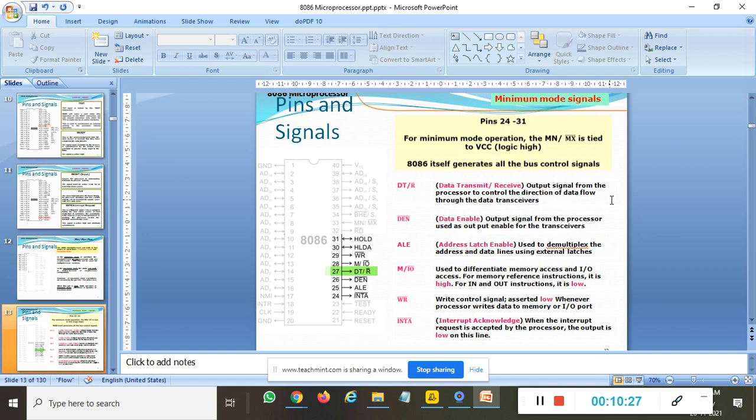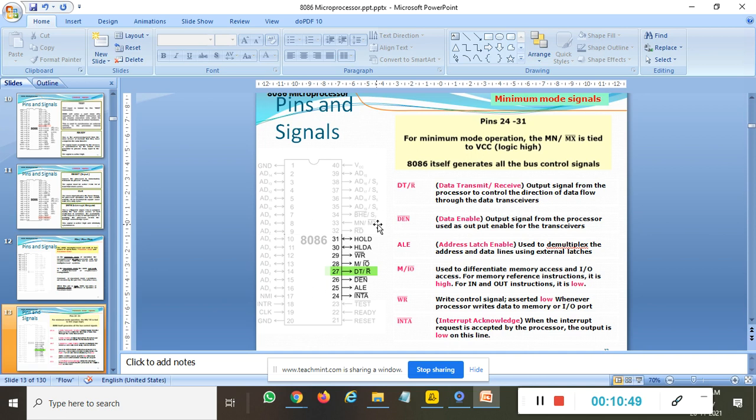So these are the signals for minimum mode. Pin numbers 24 to 31 are the minimum mode signals.